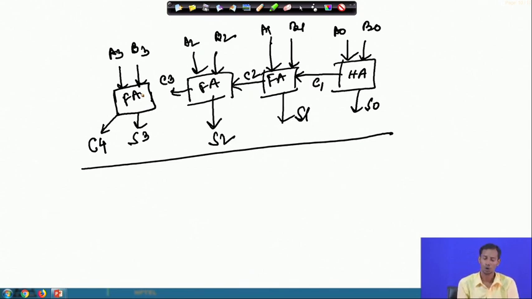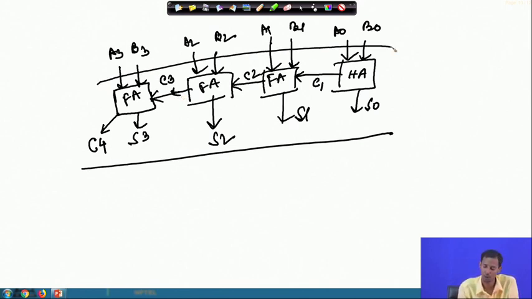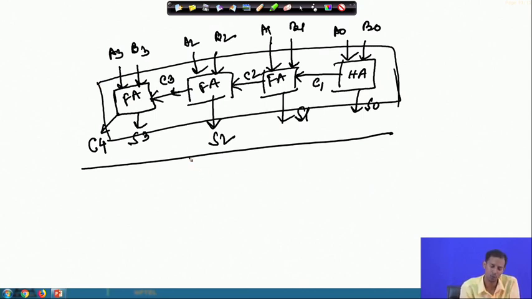Okay. So, if this is my total 4 bit adder circuit, at that time what will be the operating frequency of this particular circuit? To find out the operating frequency, I need to calculate the corresponding critical path. So, what is the critical path? The critical path, where is it starting from?